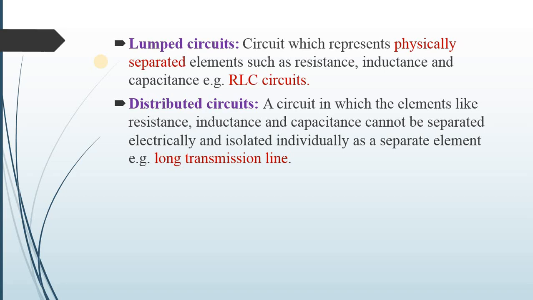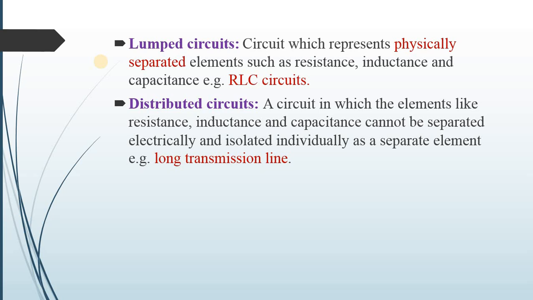Distributed circuit: a circuit in which the elements like resistance, inductance and capacitance cannot be separated electrically and isolated individually as a separate element is called a distributed circuit. For example, a long transmission line.